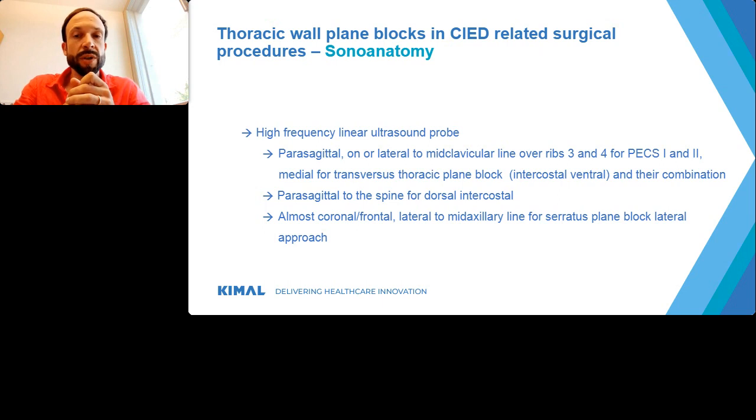I'm going to be showing some photos later on to show you how this is conducted. And I want to encourage you also to go online and watch tutorial videos, if you're not already conducting thoracic wall plane blocks. They're really helpful.